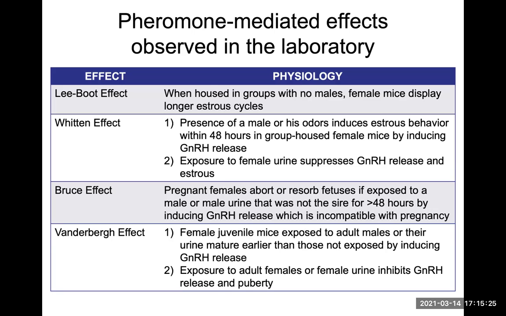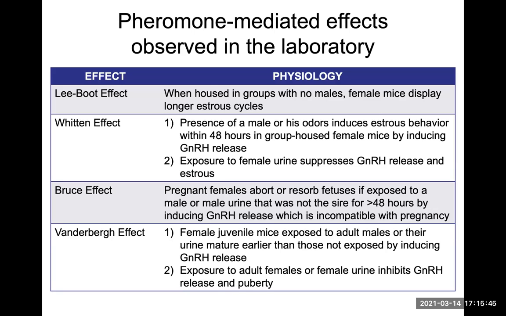The reason this is probably the most well-known one is because in the lab, if you're breeding mice for research purposes, you have to be very careful about tracking in other odors or accidentally introducing a new male to the colony because you could ruin your entire breeding program.